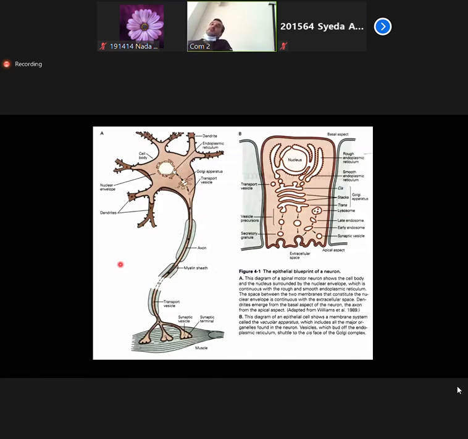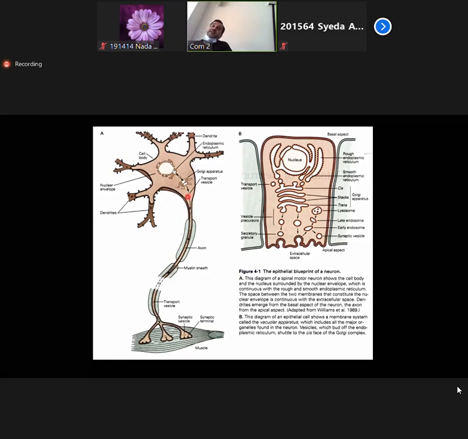And the Nissl bodies are stacks of rough endoplasmic reticulum. So they are distributed all around the cytoplasm, giving the granular appearance to the cytoplasm. They are only not present at the axon hillock.